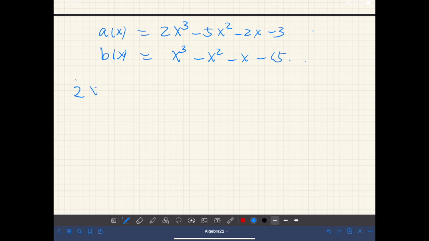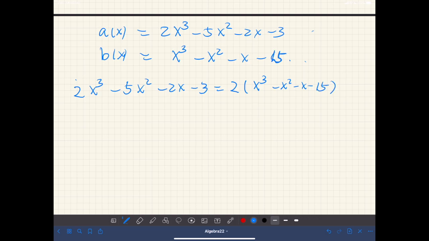So that's 2x cubed minus 5x squared minus 2x minus 3 equals, so if you divide this by applying the division algorithm, the result will be this. This is 15.